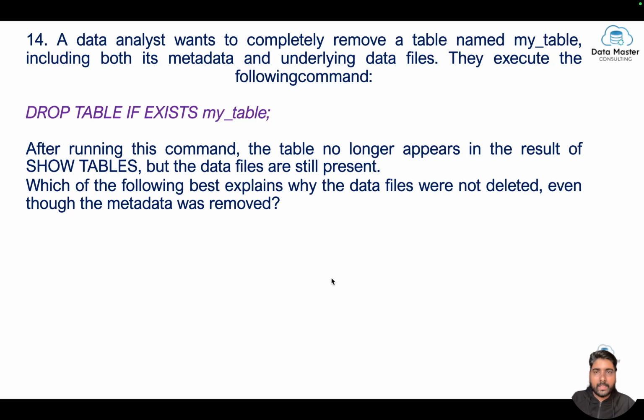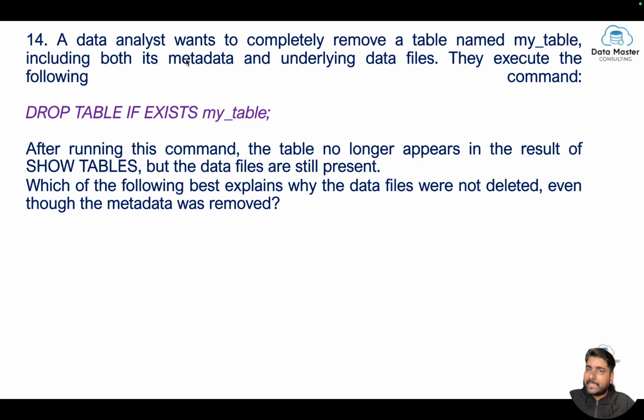That's the correct answer, and it's so simple. Okay, moving further. A data analyst wants to completely remove the table named my table. So they want to delete the table, which includes both its metadata and underlying data files. They have a data file and they have metadata, and they want to remove it completely.